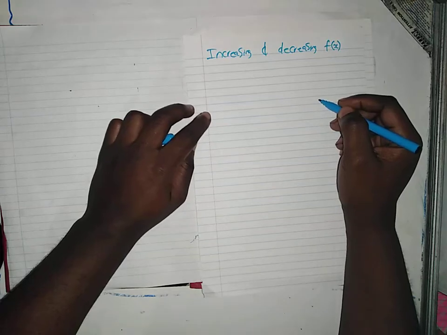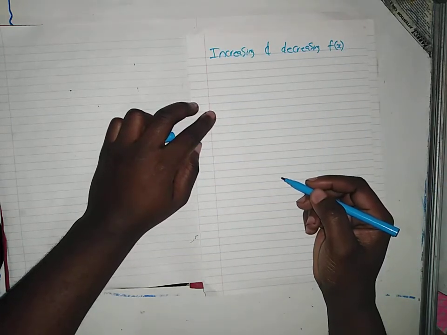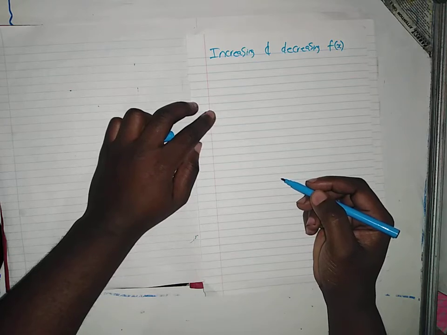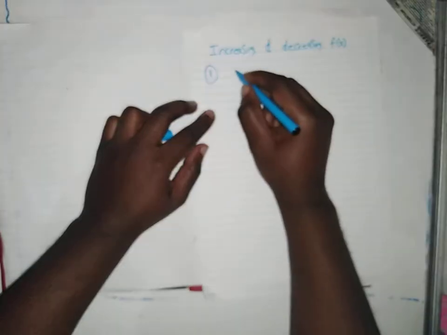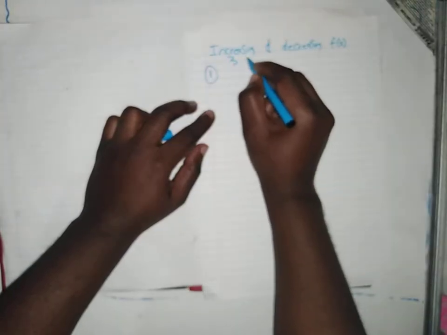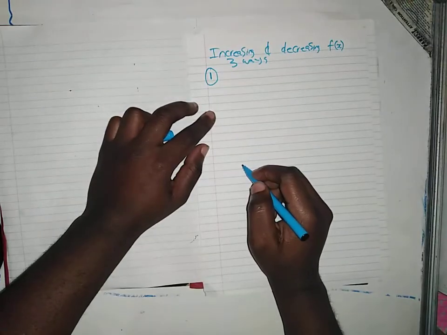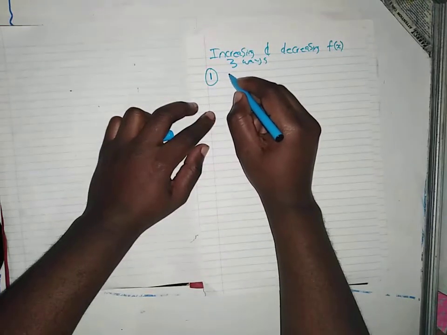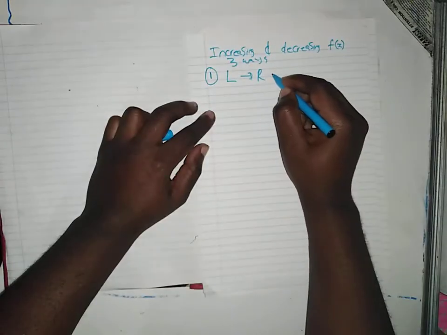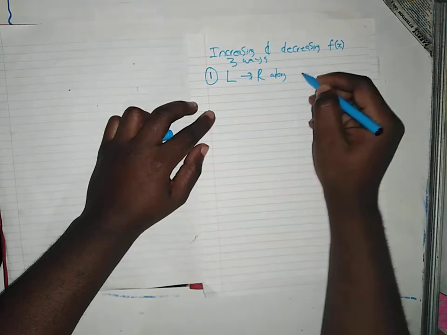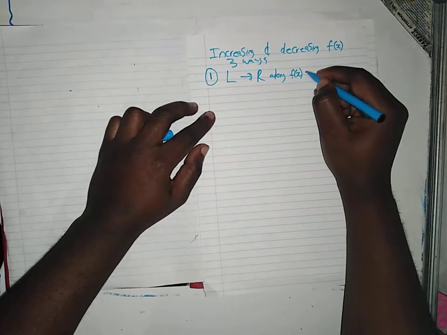What did we say? We said we can see it in 3 ways. The first way is you go from left to right along f of x.